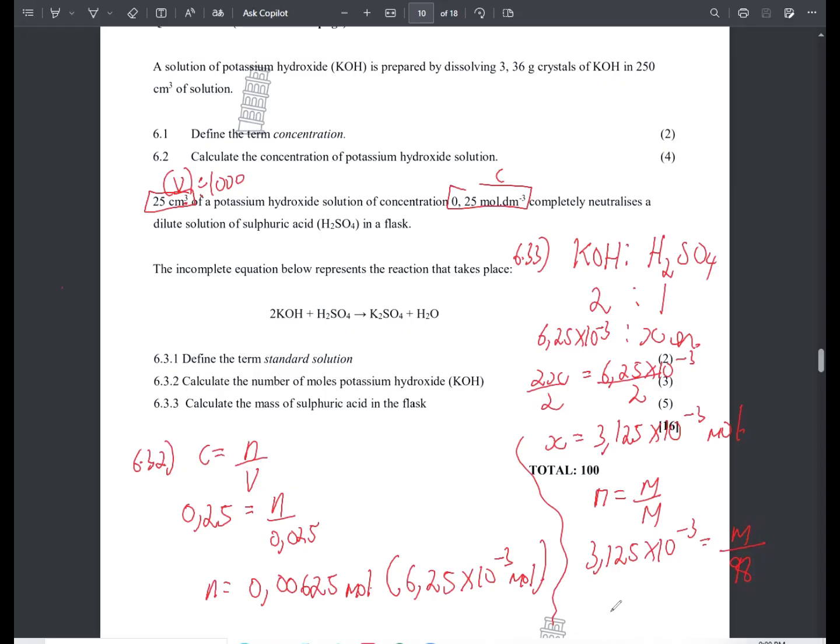So this will give us a mass of what? 0.30625 grams, which in 2 decimal places, we can just say our mass is 0.30, right? But then we can still leave it like that.